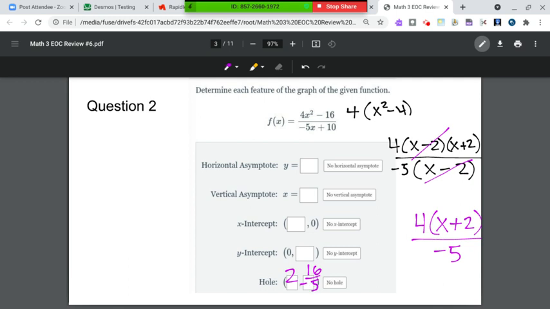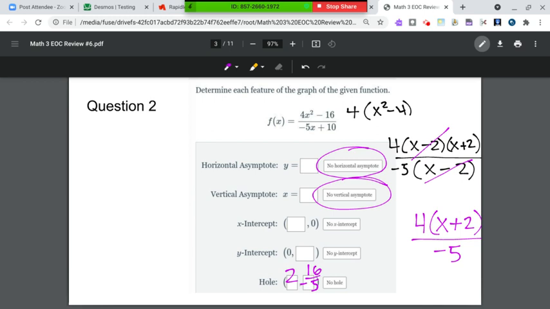Okay? The degree is bigger at the top. When it's bigger at the top, there is no horizontal asymptote. At the bottom, there is nothing left in the denominator that makes it 0, so there's no vertical asymptote.